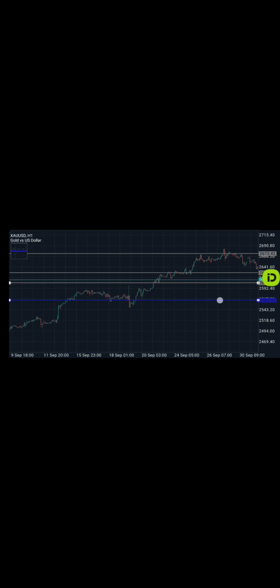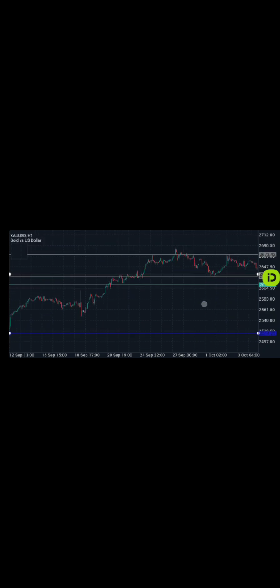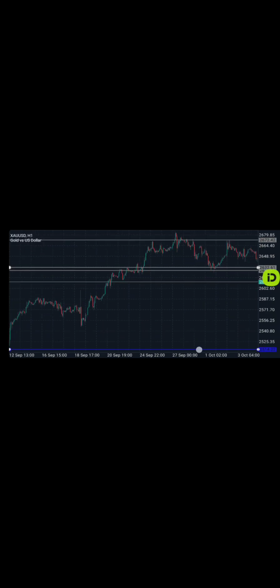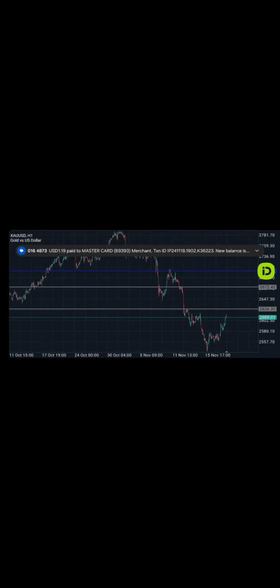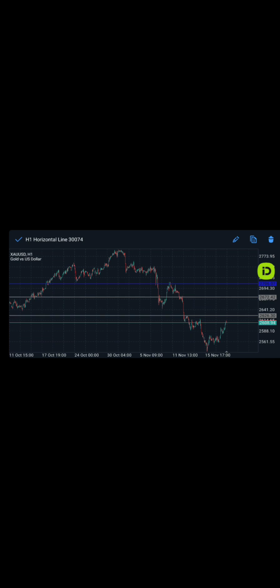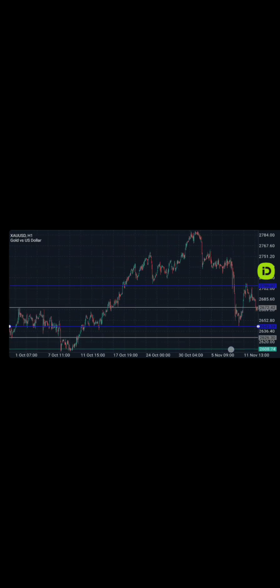So this is how I'm going. Let me plot another one. We're only going to plot about 3 on each time frame, right? If you check here, we also have 1, 2, 3 touches. We have 1, 2, 3 touches there.